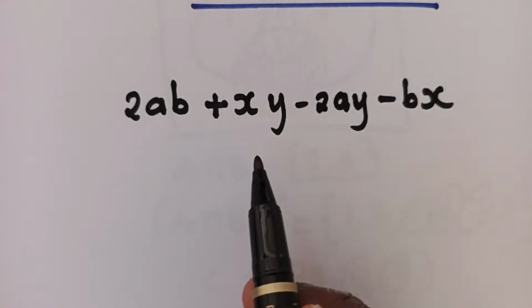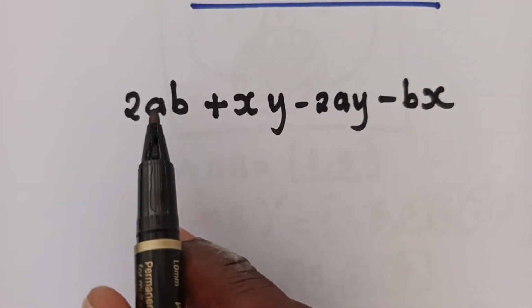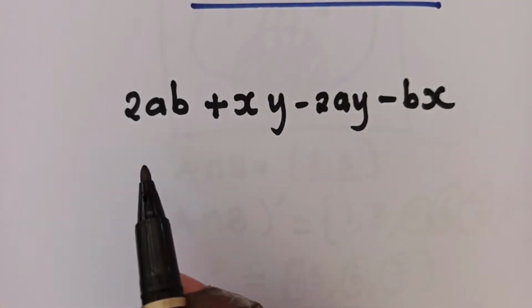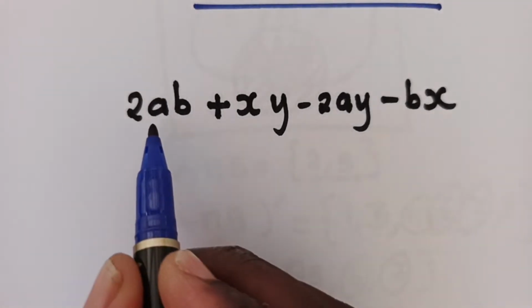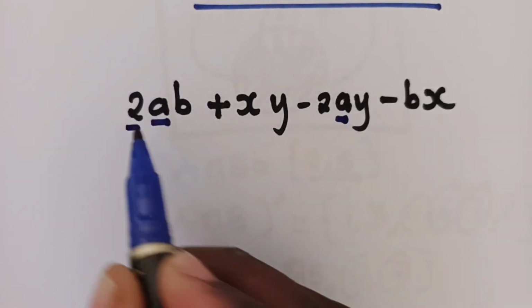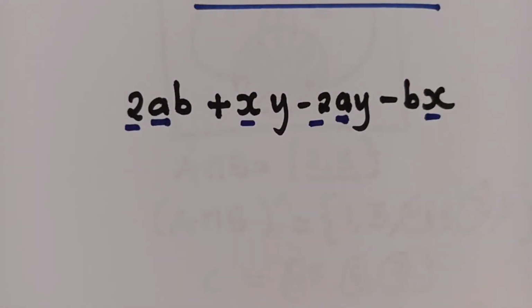So to factorize, when you've got 4 terms, like you can see, 1, 2, 3, 4, it has to do with common elements. What do I mean by common elements? This A and A here, they are common. 2 and 2, they are common. For this one, X and X, they are common. So we group the terms according to like terms.